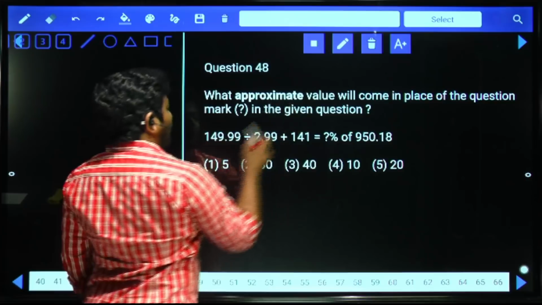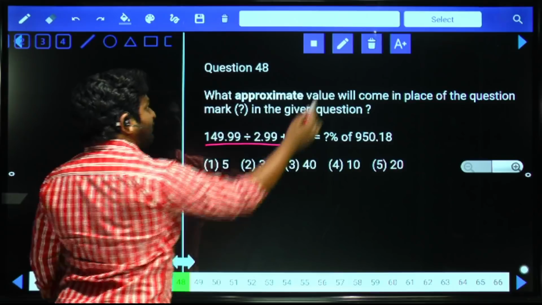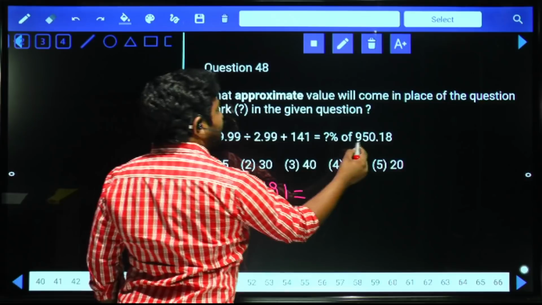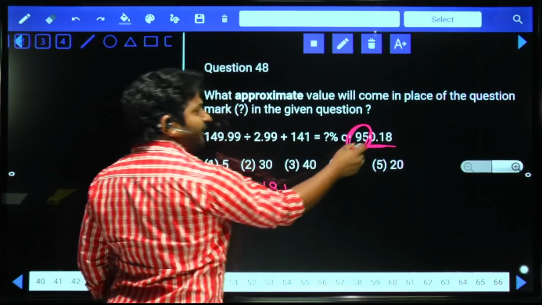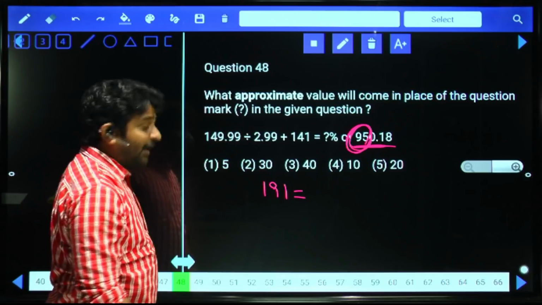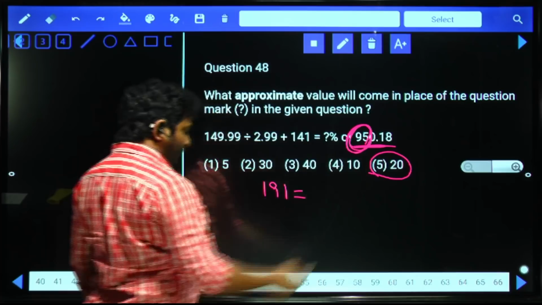Next, 150 divided by 3, that is equal to 50, plus 41, total 191, is what percentage of 950? Out of 950, 10% is 95, 20% in the sense 95 2 times, that is equal to 190. Approximately we have, so the answer is 20%. Fifth option.